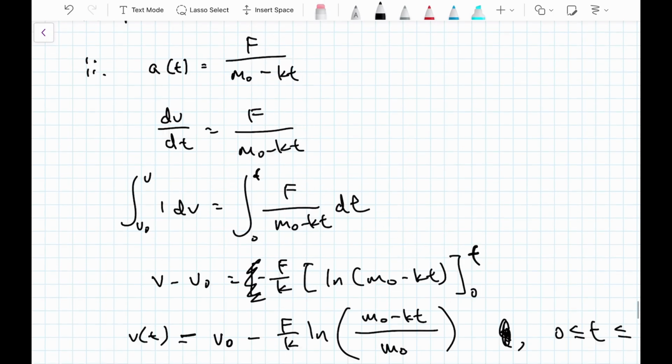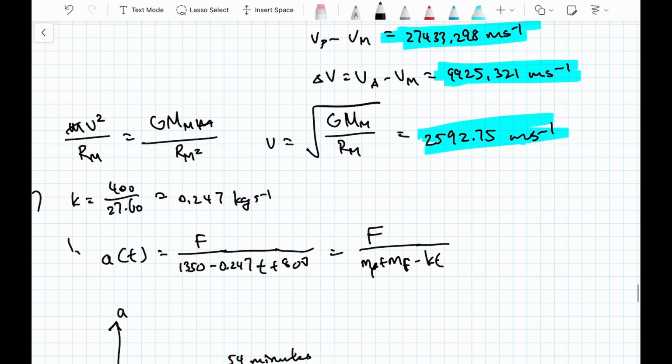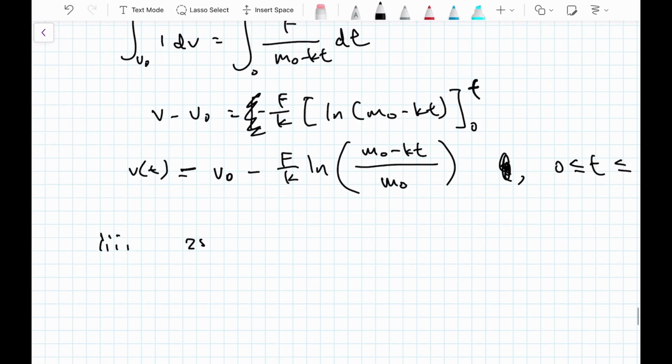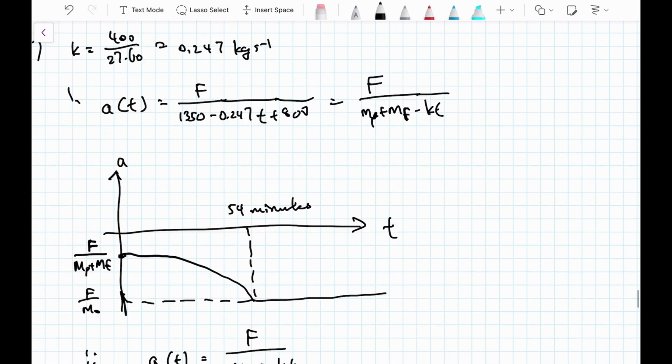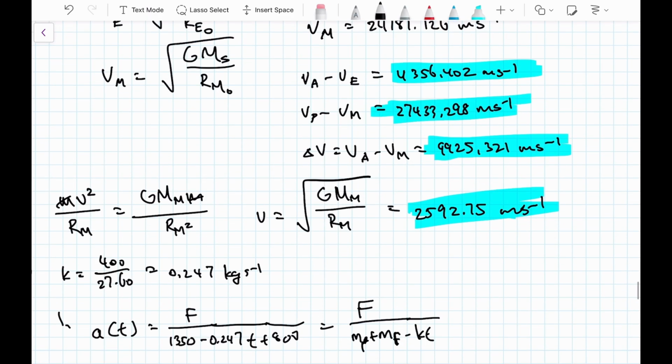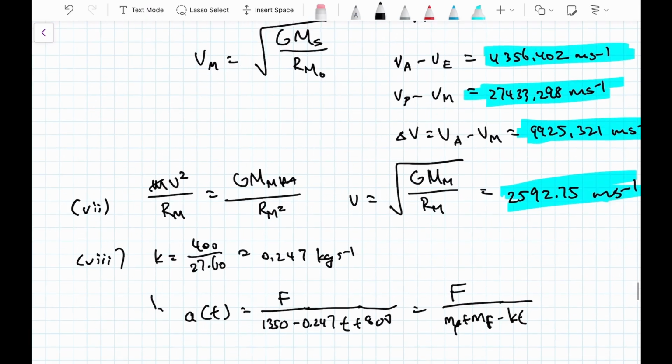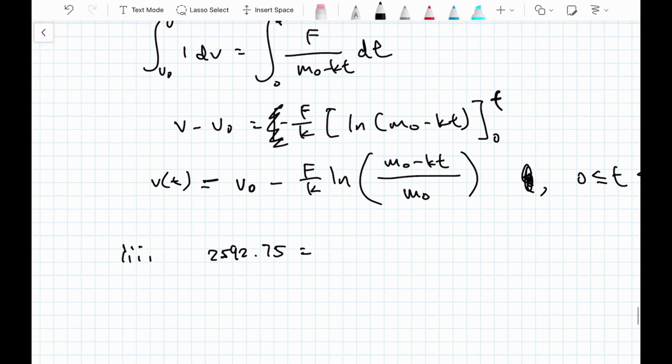Then 2592.75 is equal to V0, which is VA, 34106.447, minus f over k.